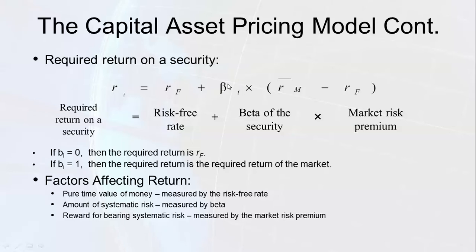So beta is the measure of risk. There should be a linear relationship between the required rate of return on a security and beta. So that is the CAPM.